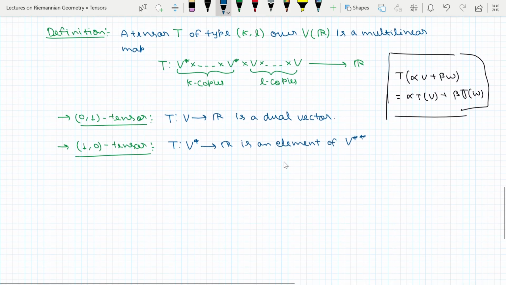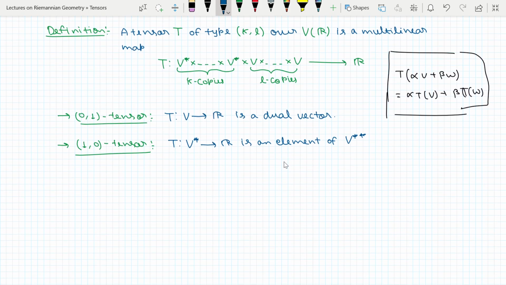The double dual, that is V star star. Now note that I just told you the statement of a theorem. What was that? The theorem was that this double dual V star star is isomorphic to V.